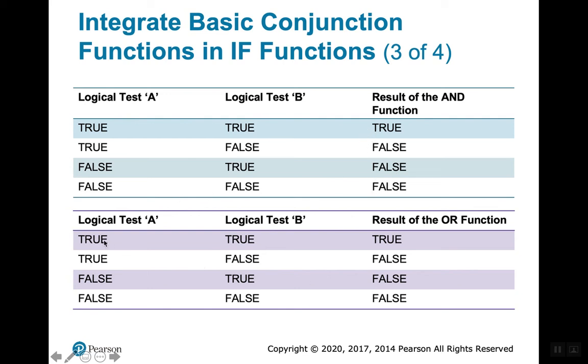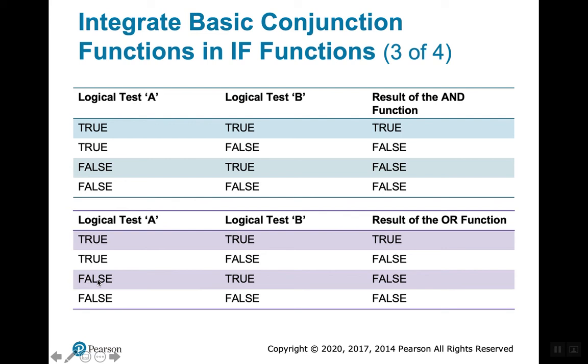The logic here on the OR, though, is an incorrect slide. It's in the book. For a logical test, if A or B is true, it's true. If A is true and B is false, it's still true because it's an OR function.